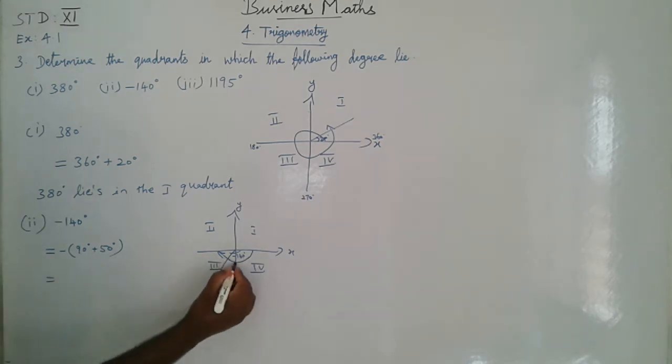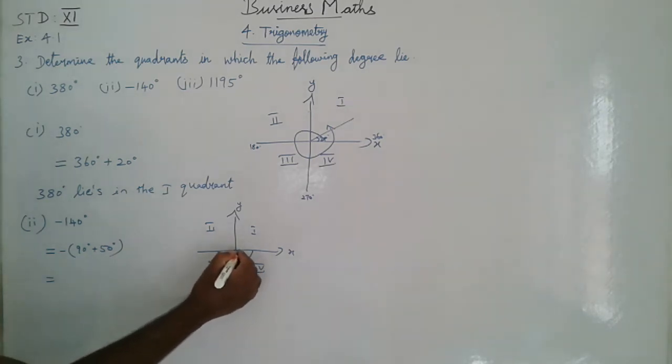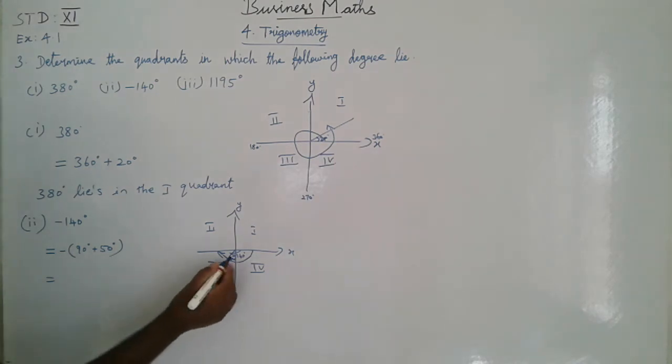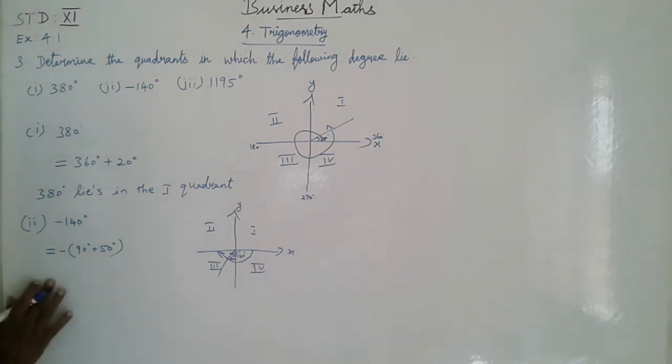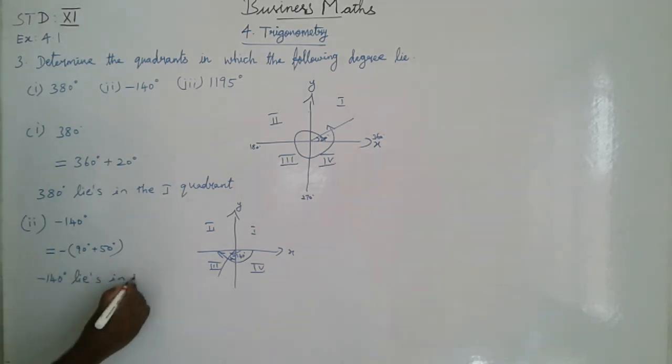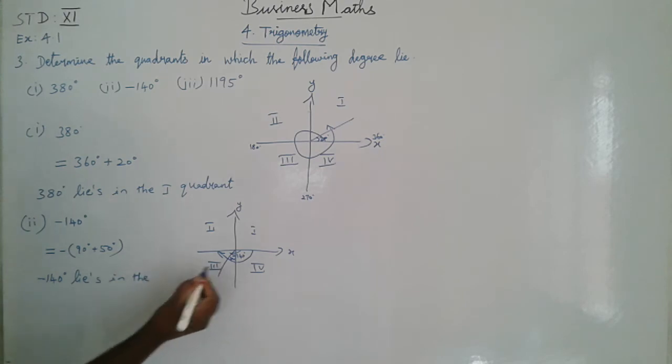So 90 degrees up to this, next is 50 degrees. This is 50 degrees. So minus 140 is this angle we should take. So minus 140 degrees lies in the third quadrant. Which quadrant? Third quadrant.